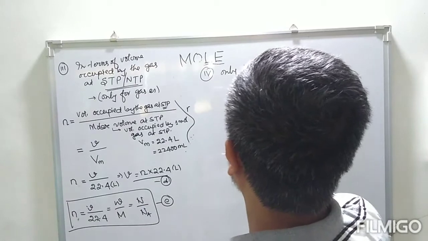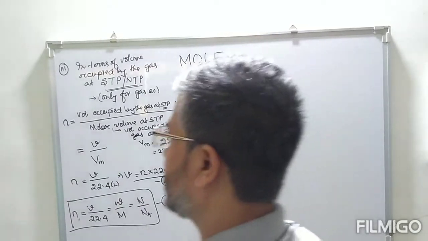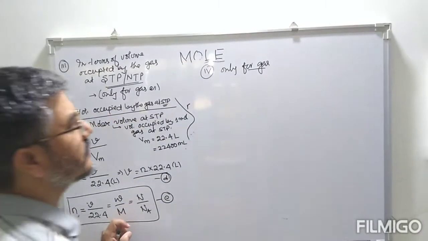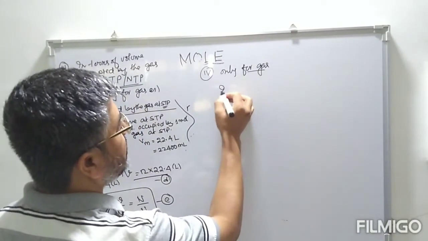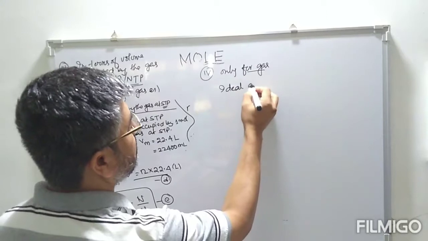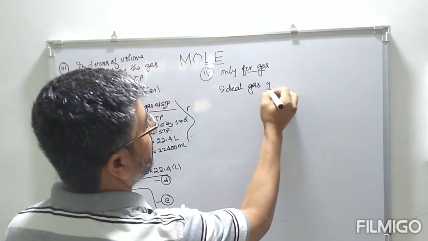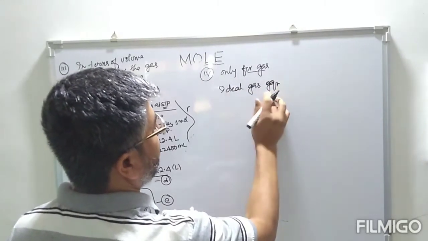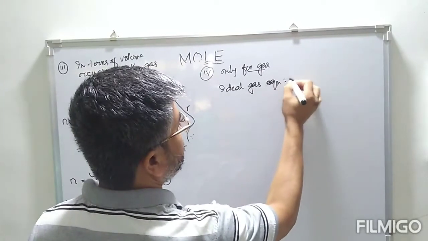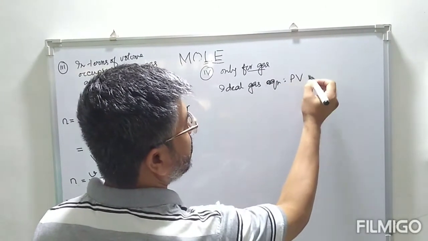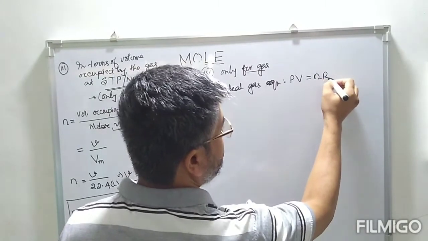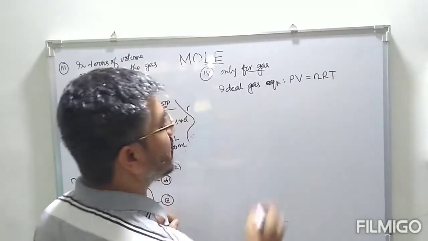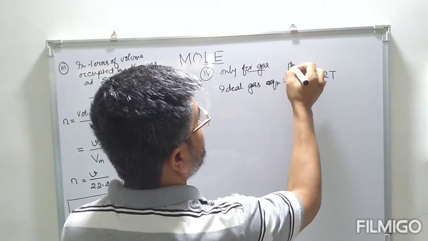Now we have an equation known as the ideal gas equation, which says pressure into volume is equal to number of moles of gas, gas constant R, temperature T.